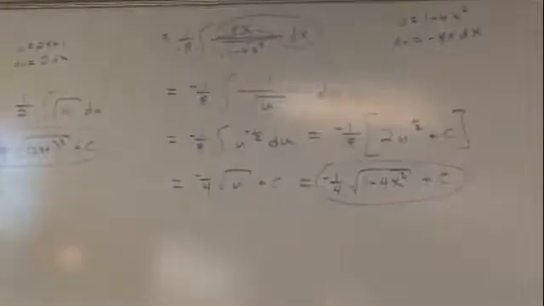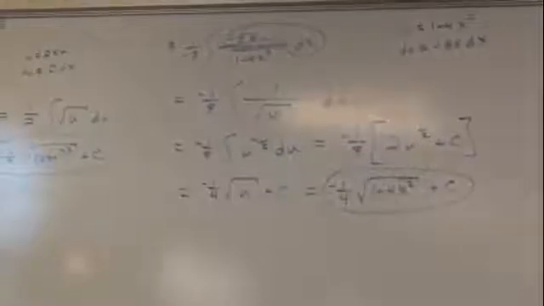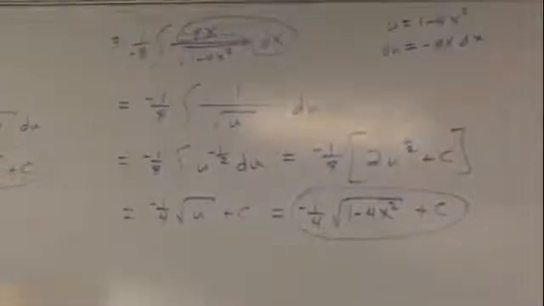Remember, c just stands for any number. So it could be negative 4,368. It could be positive 2,512. So c is just the integration constant. That's why I am never, ever, ever distributing through and saying, oh, well, that's 1/2 c. 1/2 c is c. I need you to see that.